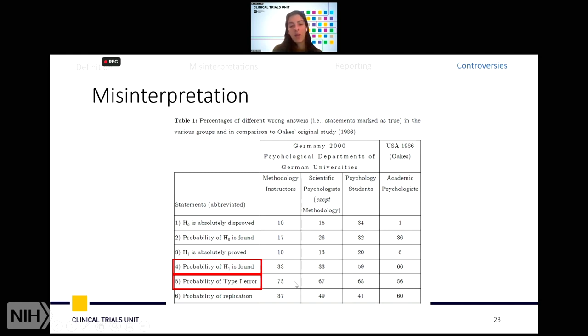So, I mean, this isn't alarmist or anything. This is more just a point to say that this is something that in some ways is really embedded in the field. And I think, again, I'll probably talk about this again at the end, but it's difficult to teach advanced statistical concepts to students who maybe get lost in the intricacies.